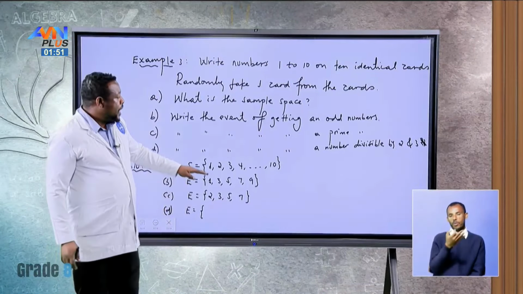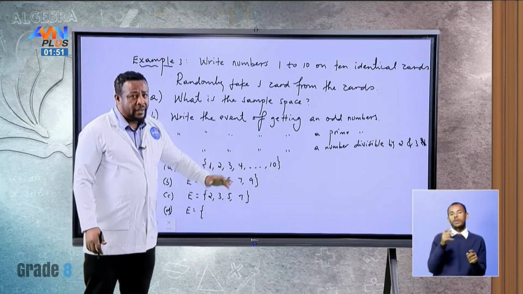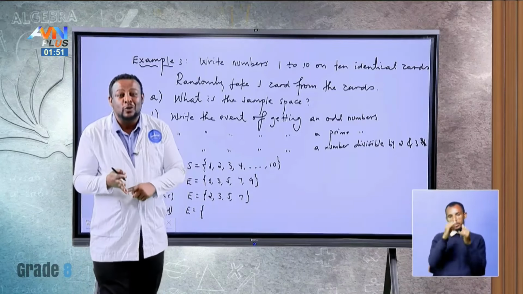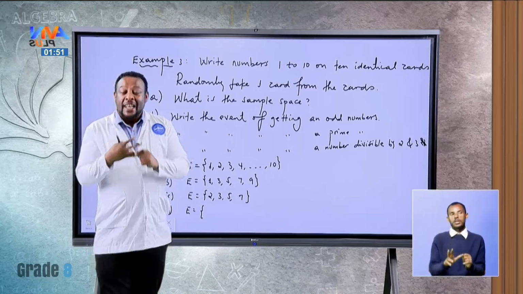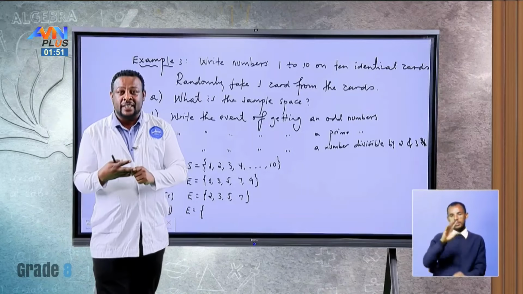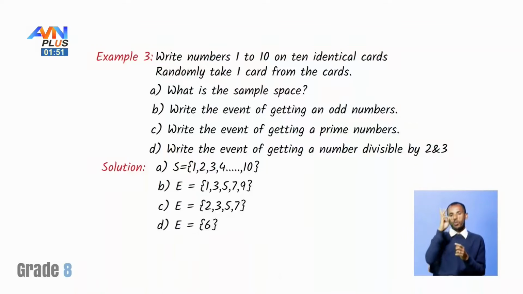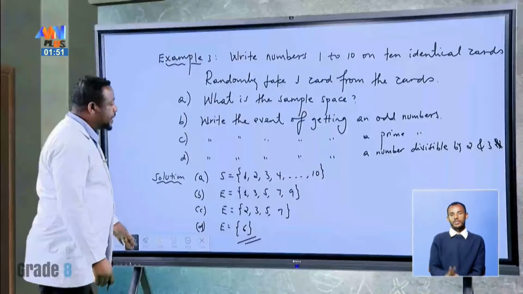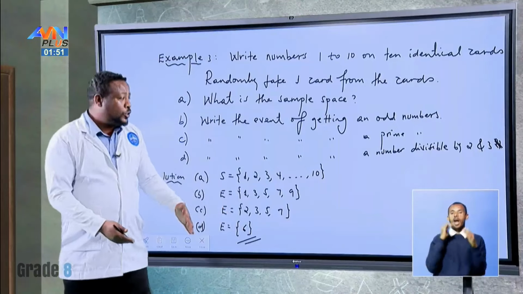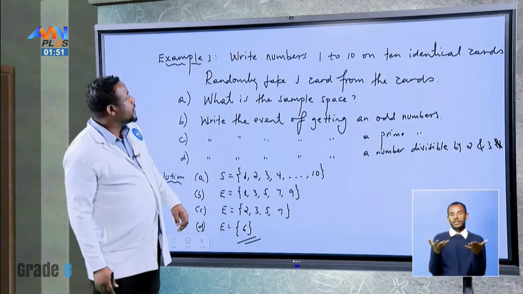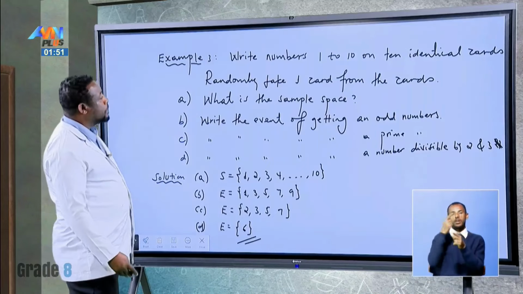From numbers 1 up to 10, we have only one number divisible by 2 and 3, and that number is 6. So the event will be a set containing one element, which is 6. So this is the answer for example 3.